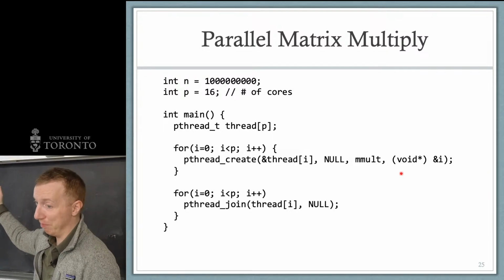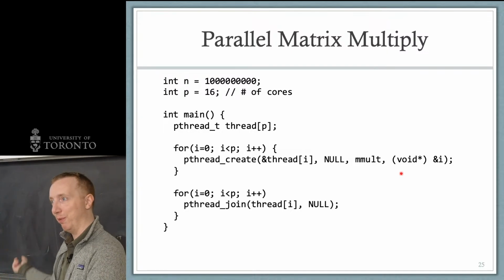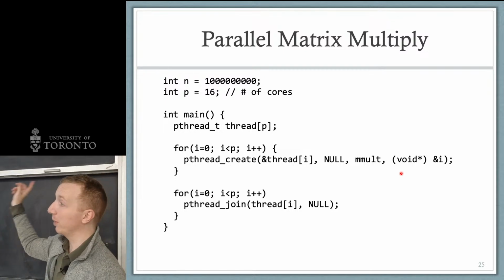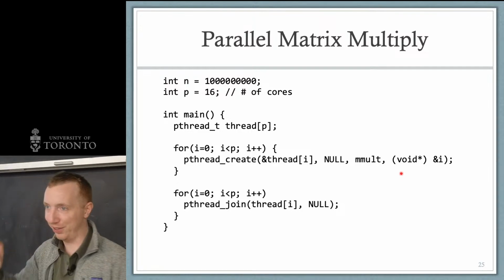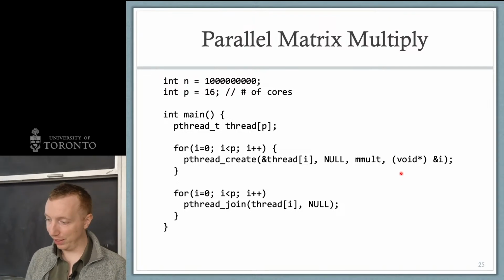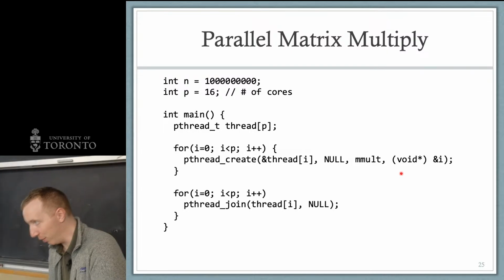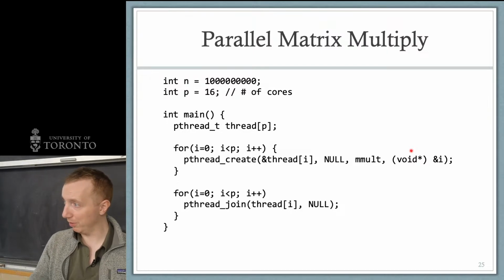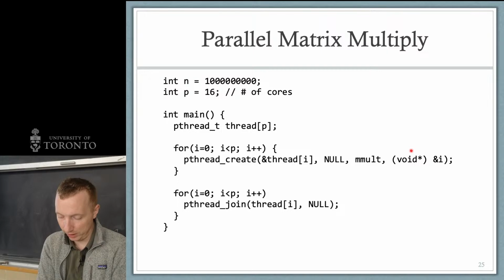There's no guarantee that when the thread actually runs, it has the same value as when it was created, because the main thread is constantly changing it. So if you write something like this, I will be very disappointed in you. What they should have done is malloc some space for it, write the value there, and then pass it by pointer to the heap. And then each one has its own independent pointer to some memory location on the heap.